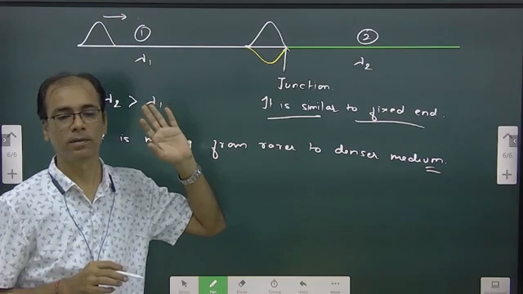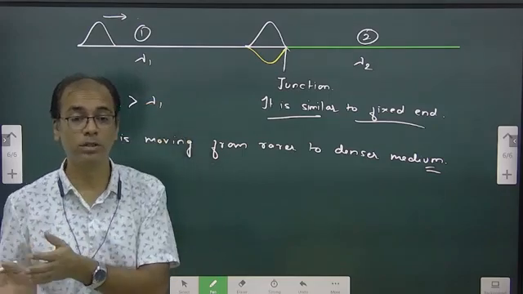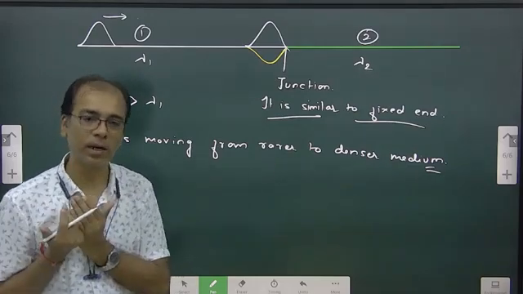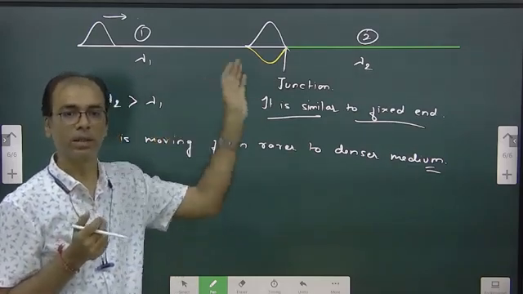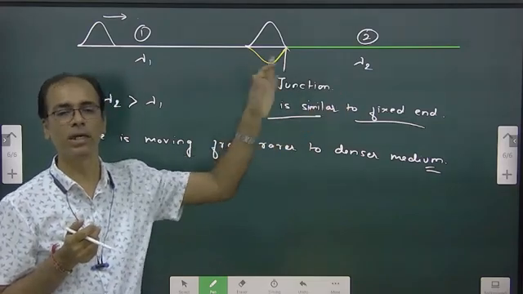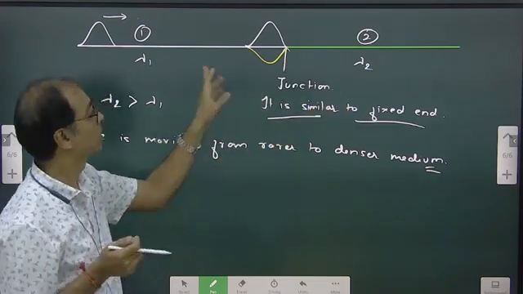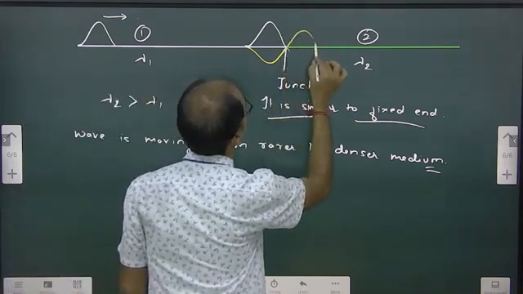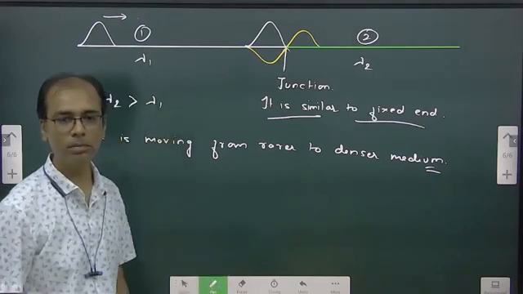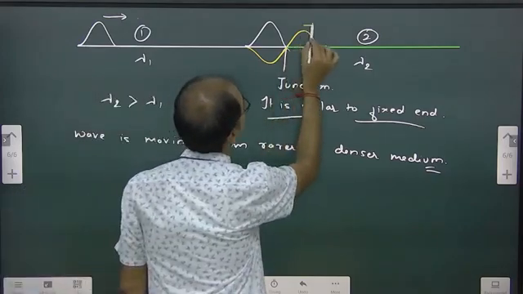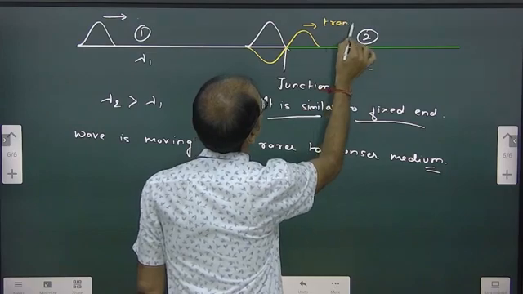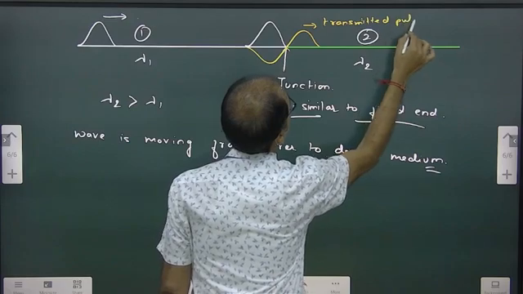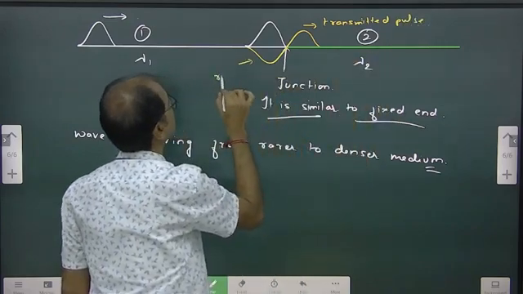Fixed was where energy cannot be transferred and it has to fully reflect back. But here it's not like that. This is also a medium, and energy can go there too. So this is reflected and there will be a transmitted one also. This is the transmitted pulse and this is the reflected pulse.